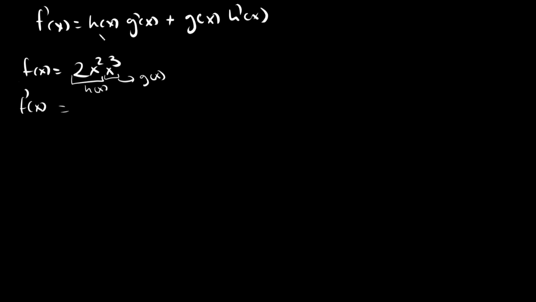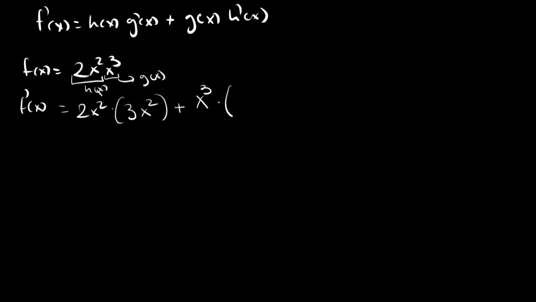I know in my function I just need to plug in, right? g times 2 times x to the power of 2, times the derivative of g of x, is going to be 3 x to the power of 2 plus, now g of x is x to the power of 3 times the derivative of h of x.